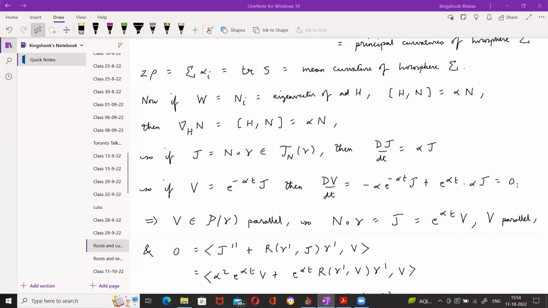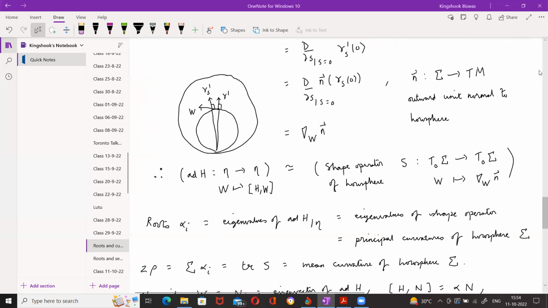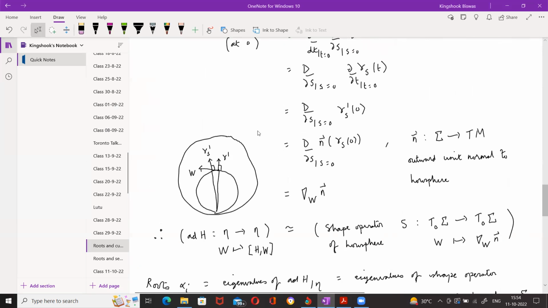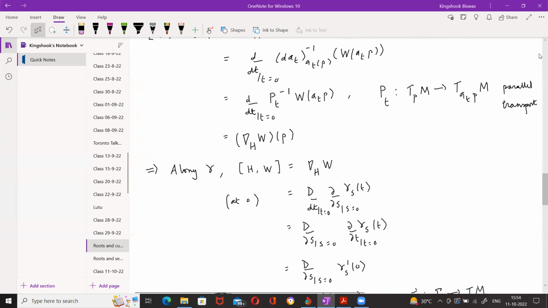So what does that mean? That means that J is equal to e^(alpha t) V, where V is parallel. So this Jacobi field, as you can see in this picture, grows exponentially at a rate alpha.